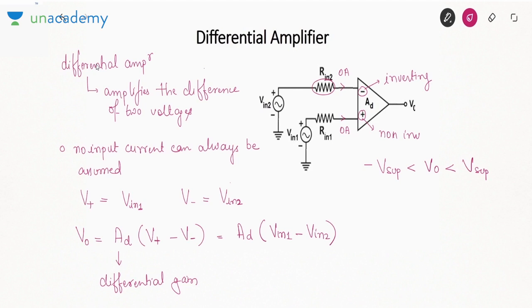If it exceeds the supply voltage, you will set the value of V0 at the supply voltage. That is, if V0 is coming out to be more than V supply, then you will say V0 is V supply. If it is less than minus V supply, you will say V0 is equal to minus V supply. But you will never have a value of V0 which is beyond the value of supply.